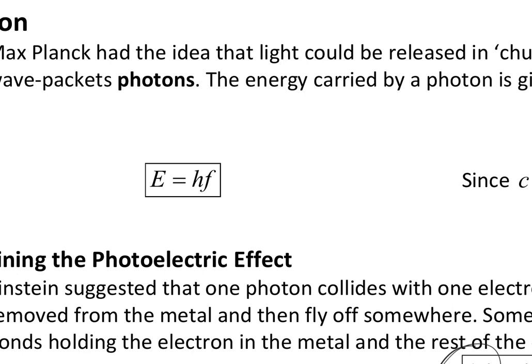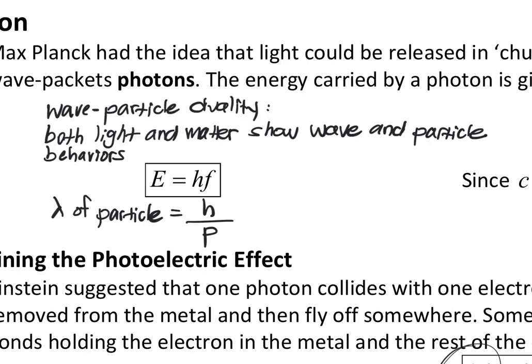That was the proposal from de Broglie, and de Broglie said that the wavelength of a particle is Planck's constant over the momentum of that particle. You could say mv, because they have a mass, of course.